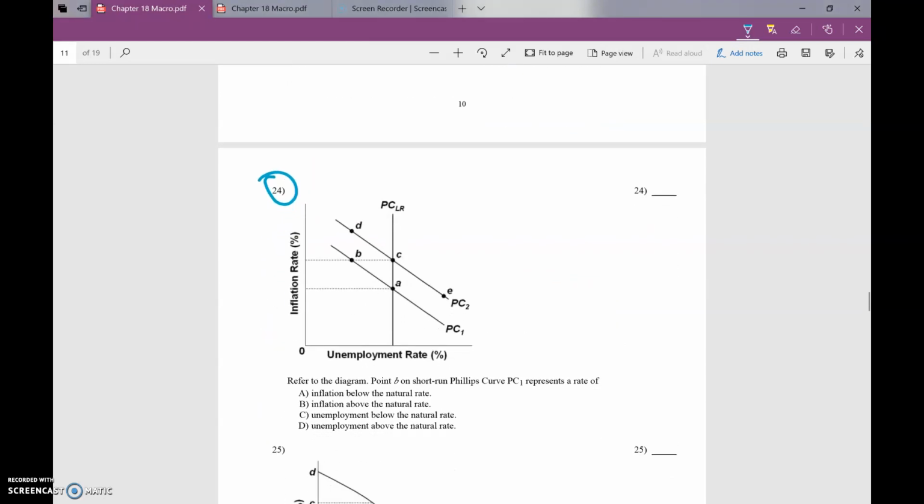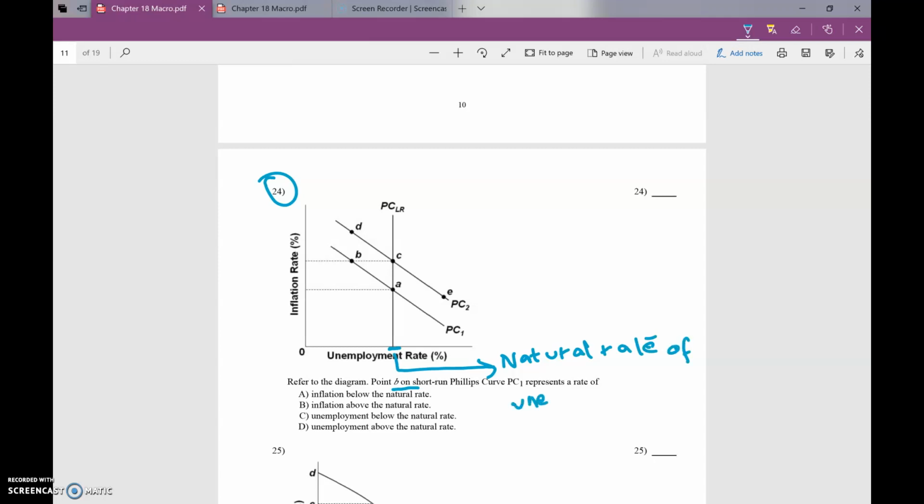All right, let's look at the next question. Here we have a long run Phillips curve and two short run Phillips curves. Point B on the short run Phillips curve represents what? Let me tell you something else here. The unemployment rate associated with the long run Phillips curve is called the natural rate of unemployment.